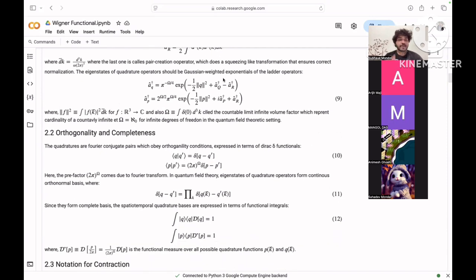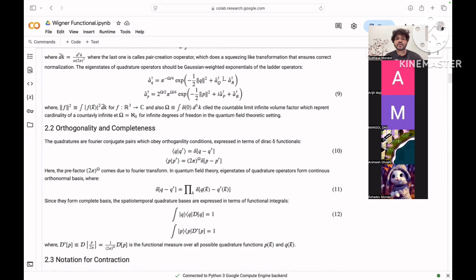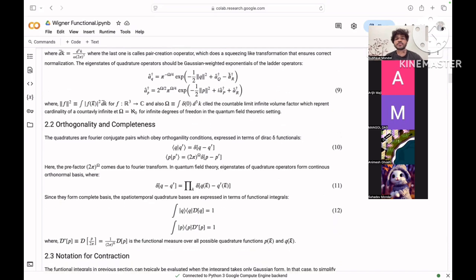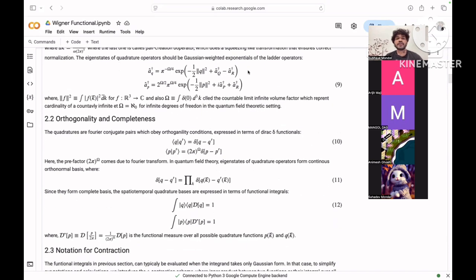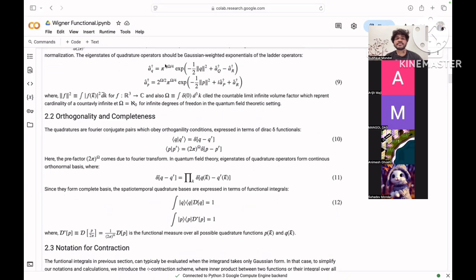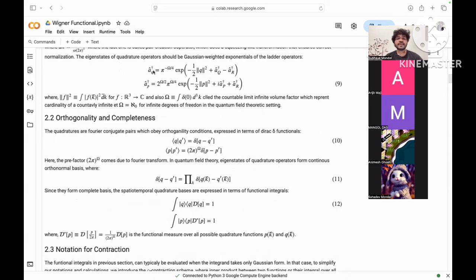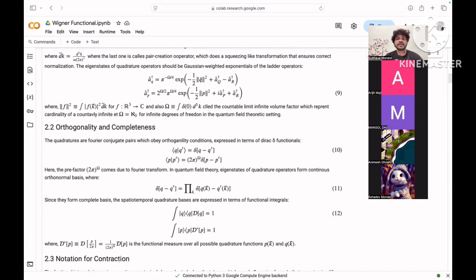Also, the eigenstate of the quadrature operators should be a Gaussian weighted exponential, as we already know. So this Gaussian weighted exponential can be written like these equations, where the double mod q squared definition is like this, for any function f, where f belongs to the R cube Hilbert space.